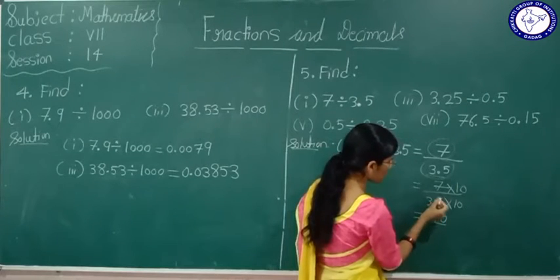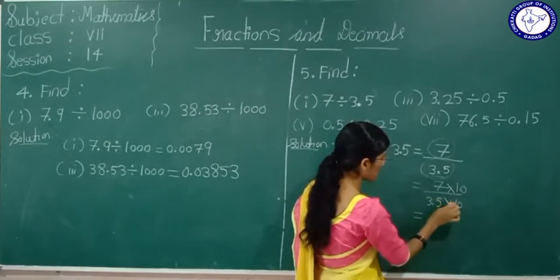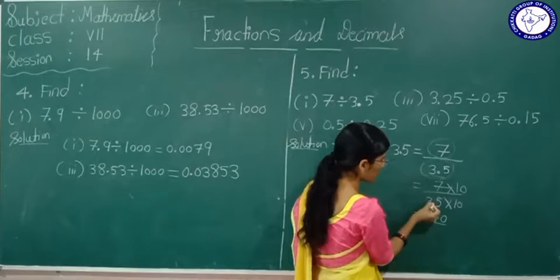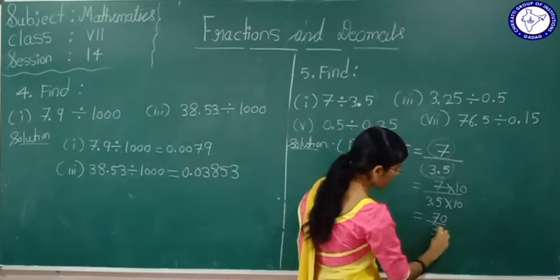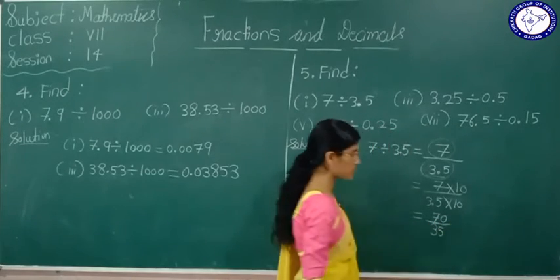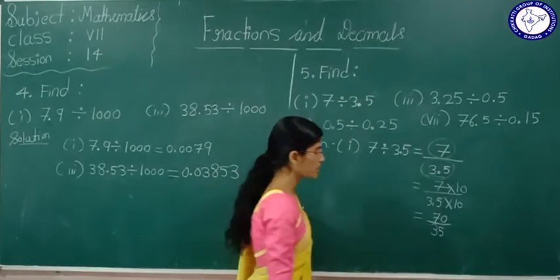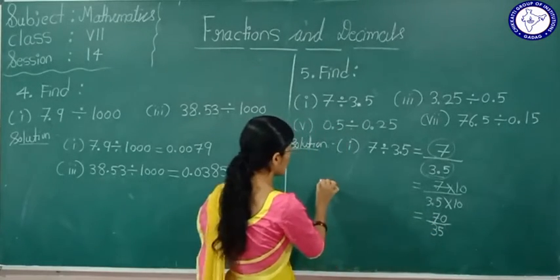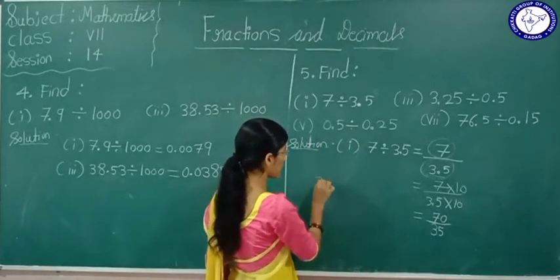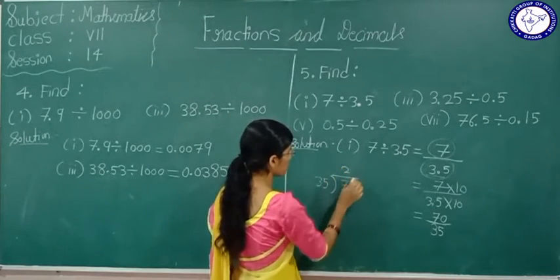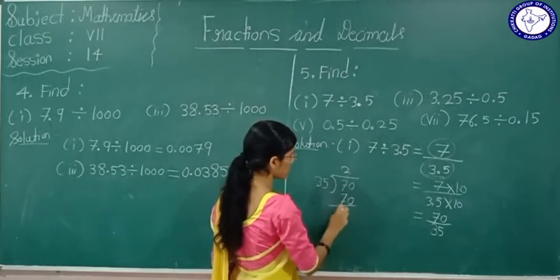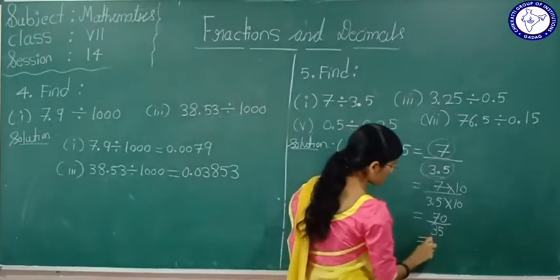If you multiply a decimal number by 10, the decimal point shifts to the right by one place. It becomes 35.0, which is the same as 35, right? Now if you divide 70 by 35, 35 2s are 70. Yes or no? The answer is 2.